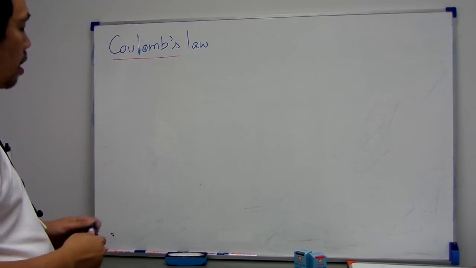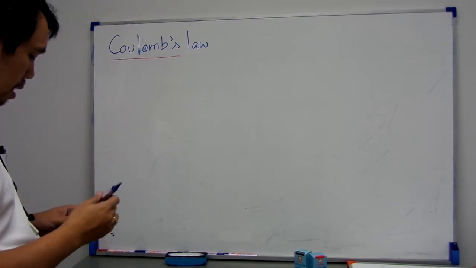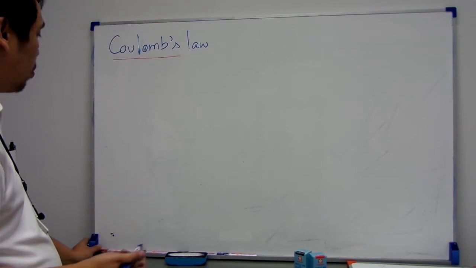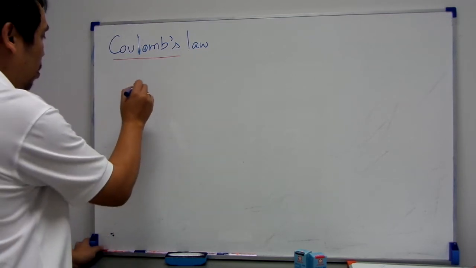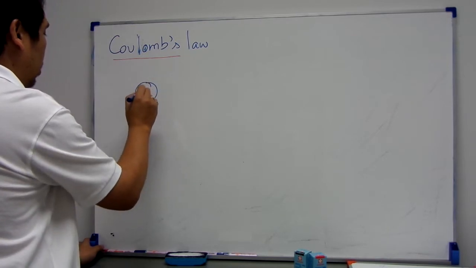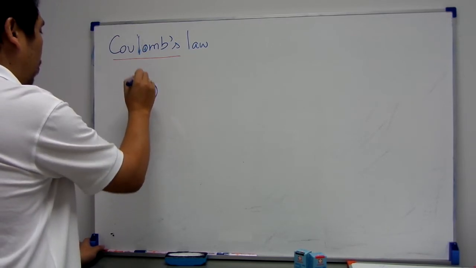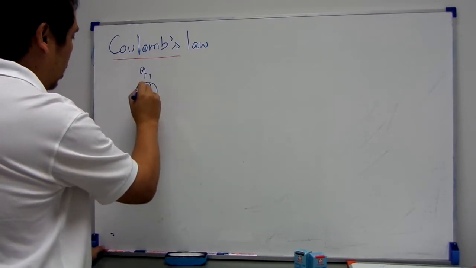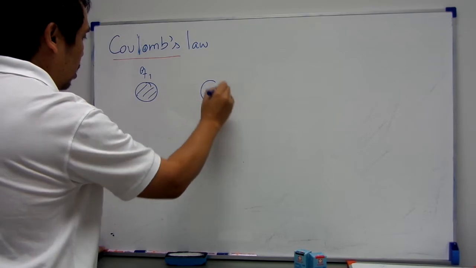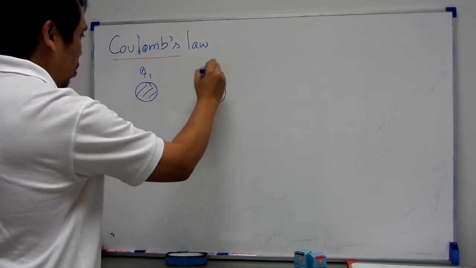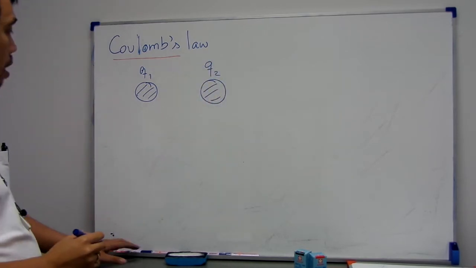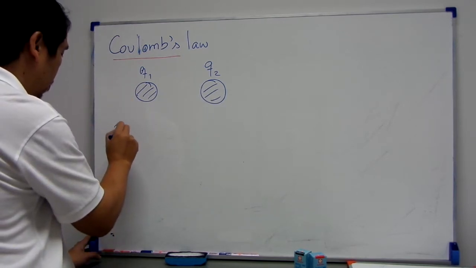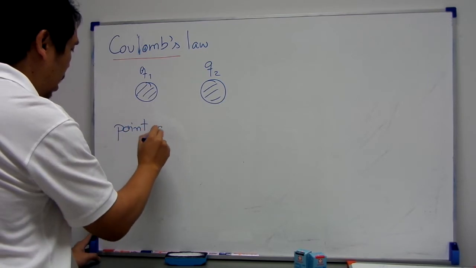By doing careful experiments, he showed that if you have a charge with amount Q1, and you put this charge next to the charge Q2, and first let's assume that these two charges are point charges.